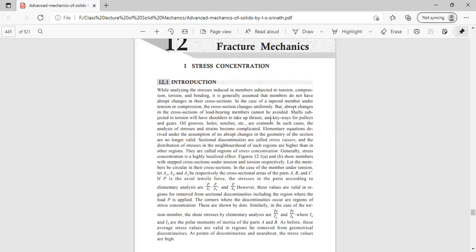Now, say a shaft subject to torsion. We have some shoulders like attachments to take up the thrust itself. And there are key ways for pulleys and gears.